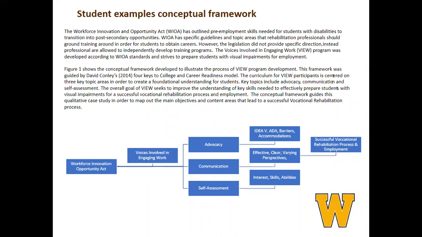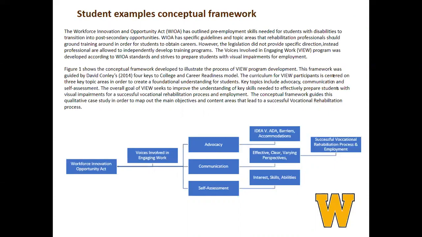Here is a second student example of a conceptual framework, and this student was looking at a US law called the Workforce Innovation and Opportunity Act. And in that law, there were pre-employment skills outlined that needed to be taught to students with disabilities to help them in that transition from high school into post-secondary opportunities.